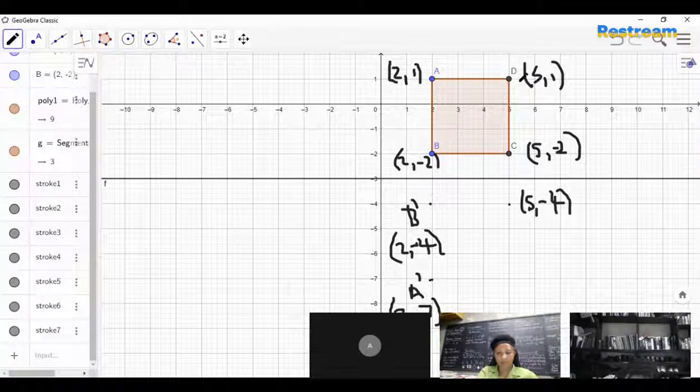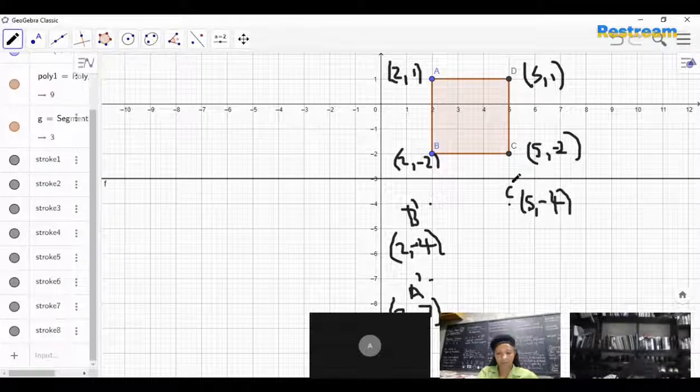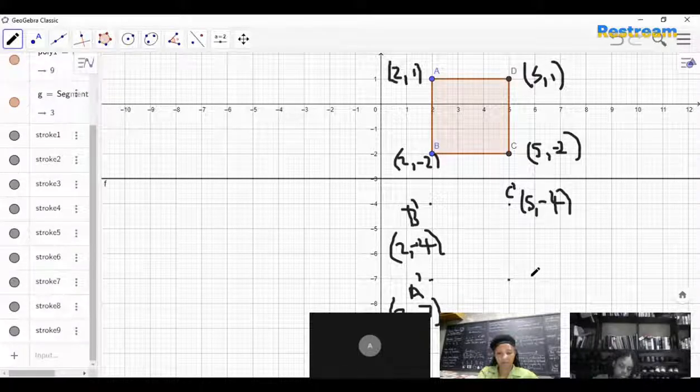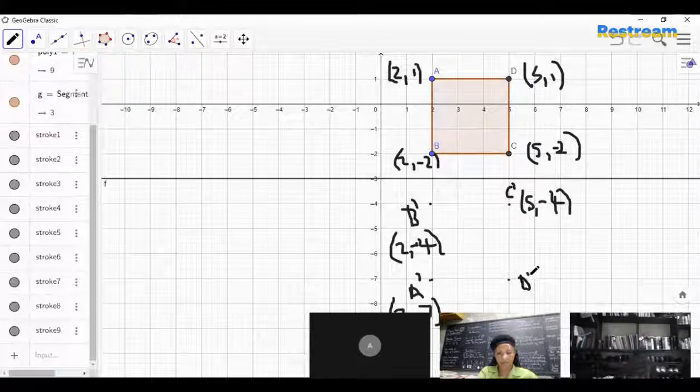D prime, 1, 2, 3, 4, would be here. Yes, miss. So the 5, negative 8, negative 7.